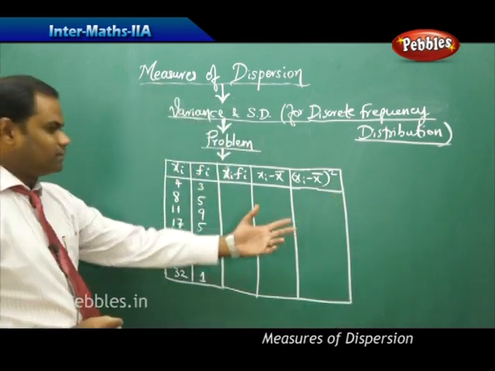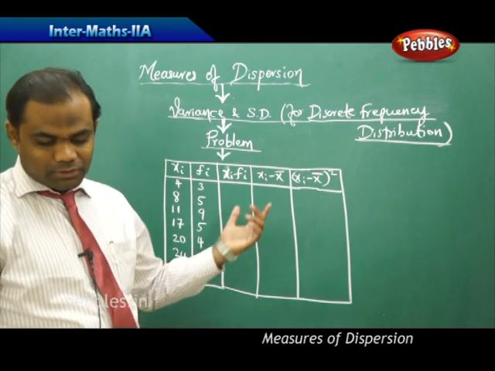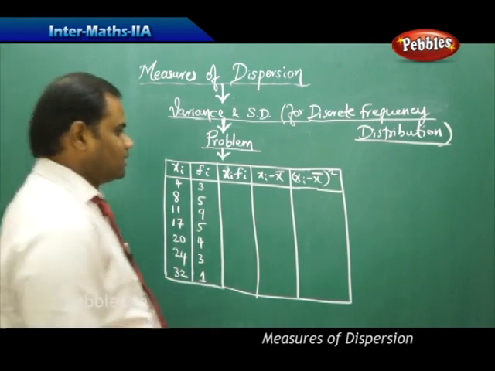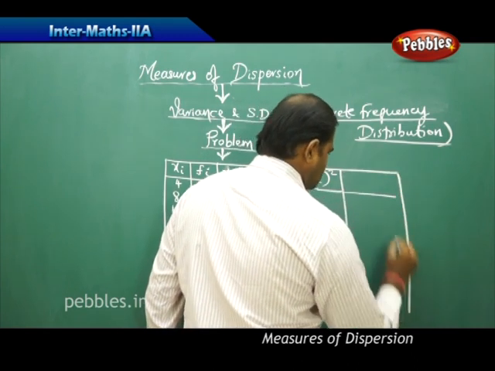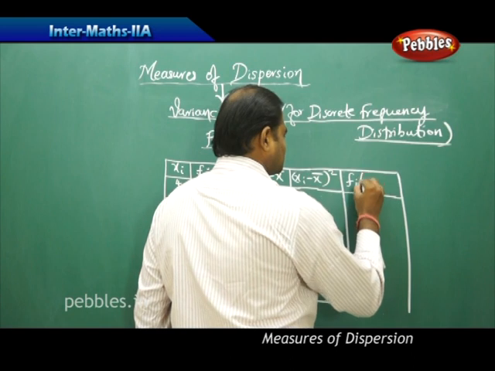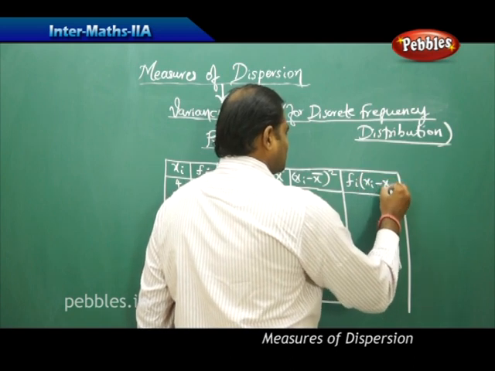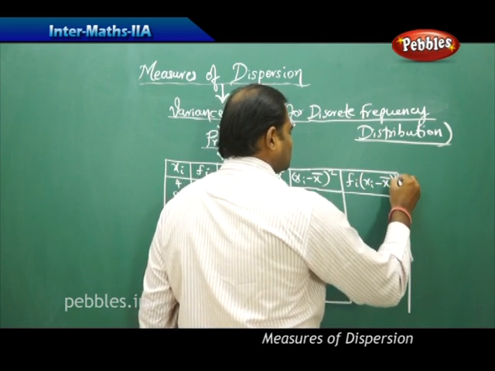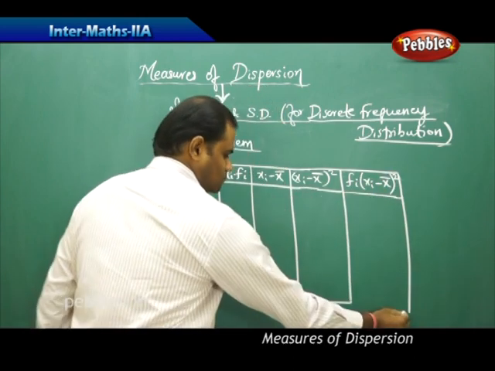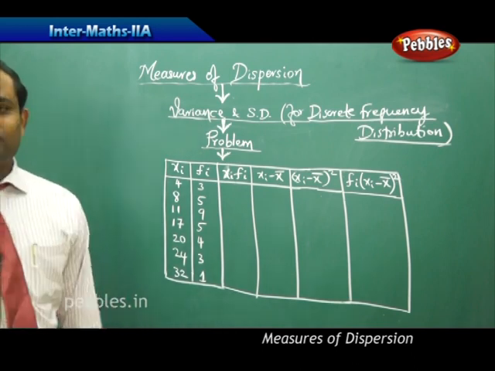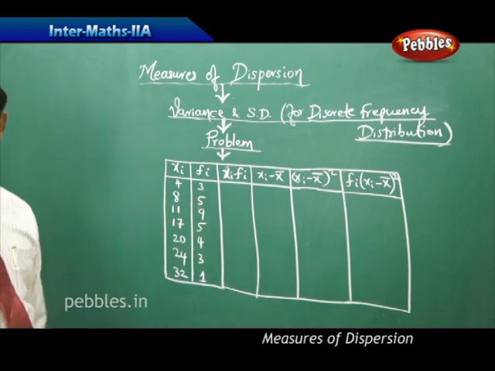So let's find each of them. And finally, we have to find fi times (xi minus x bar) whole square. So let's find each of them for these given scores.